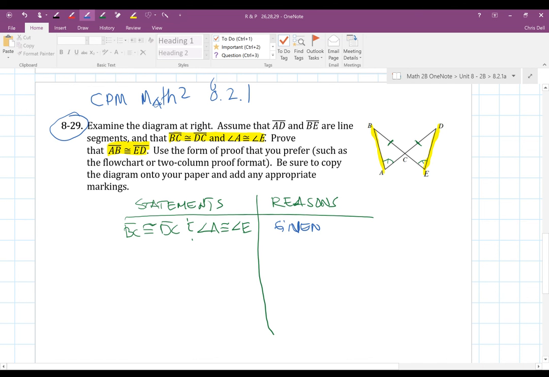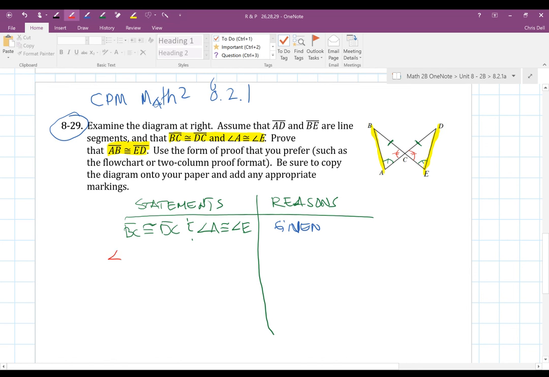So our next line, I need to see something else that's equal. I can see this angle here and that angle there are congruent because they are cut by these two line segments. Those are vertical angles.